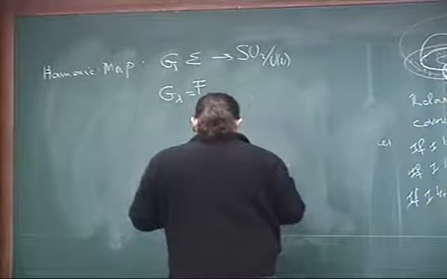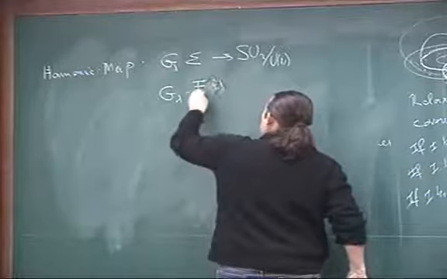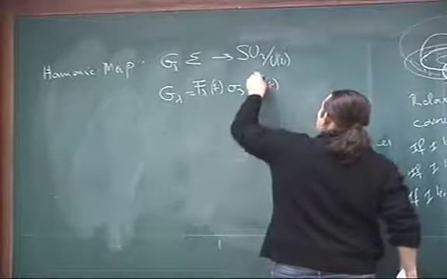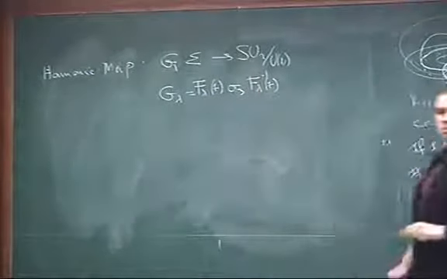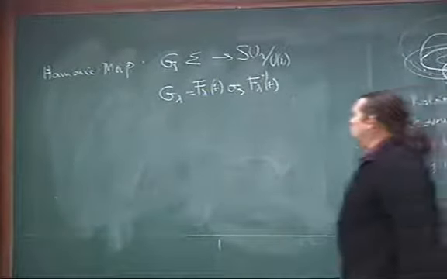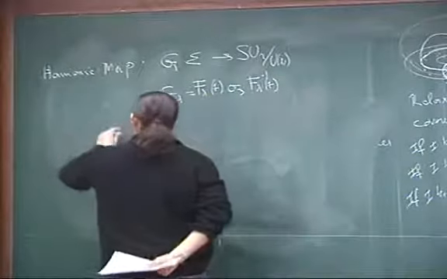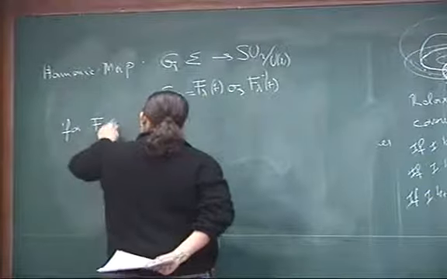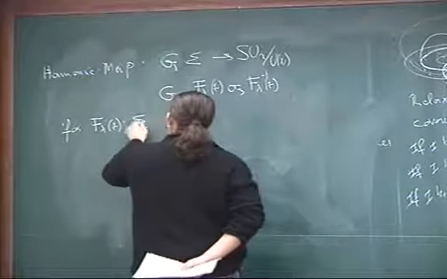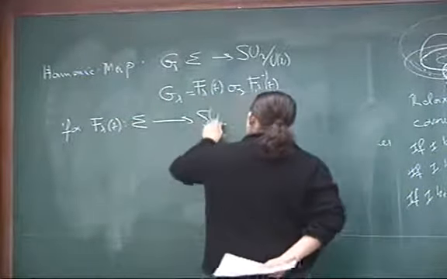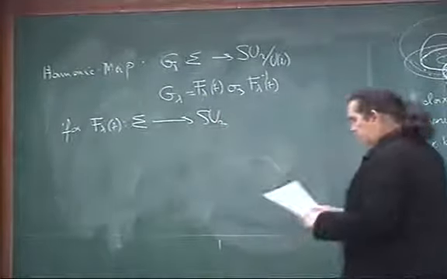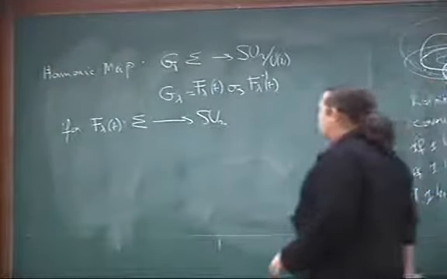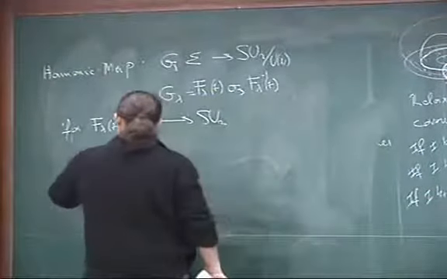Then I will do Fz sigma 3 F left Z minus 1. And then I'm trying to find F lambda Z for sigma to SU2. Okay. Then what is F minus 1?